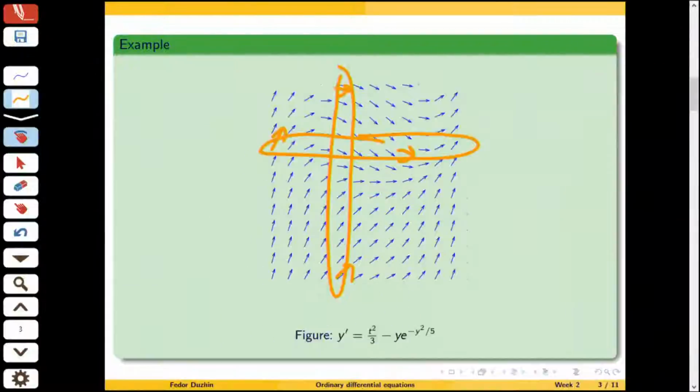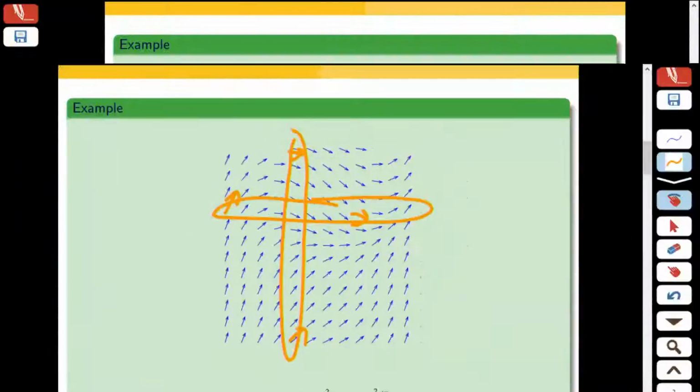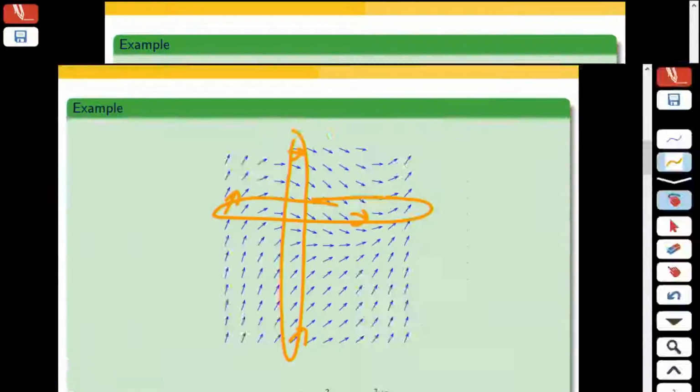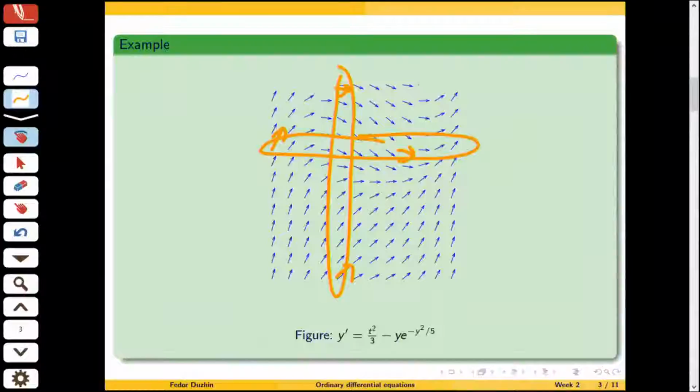So now let me summarize. There are two ways to see that. One is you can imagine that you have a copy of your vector field printed on paper, and another copy plotted on a transparency, and then you move the transparency to the left or to the right.